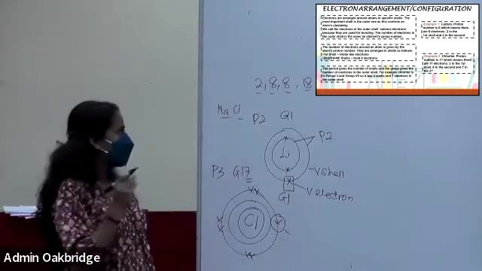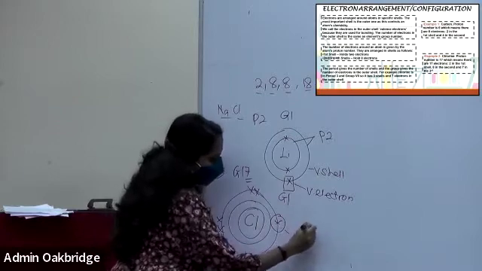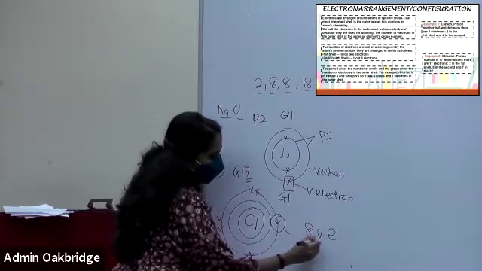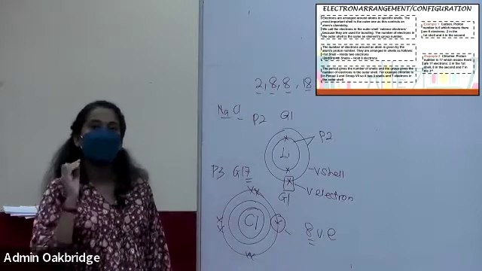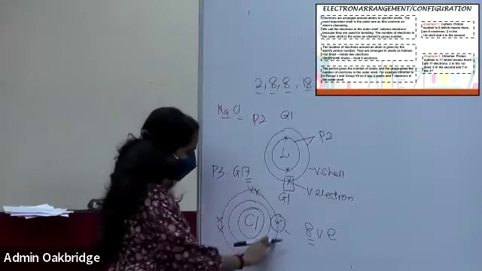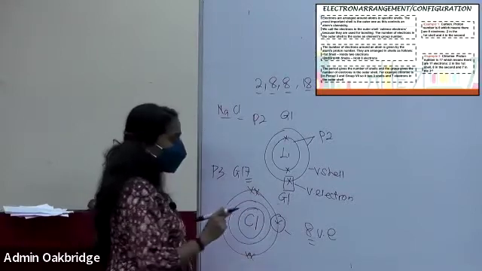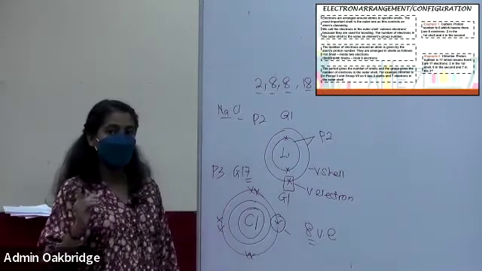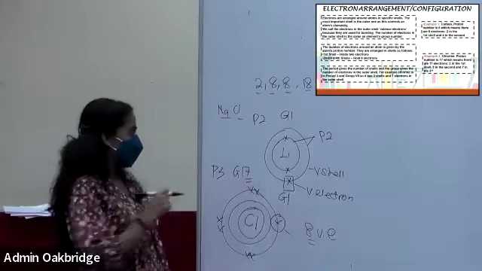So whenever an element has 8 valence electrons in its valence shell, that means the element is stable. The 8 valence electrons in the valence shell identify whether the element is stable or not, right?